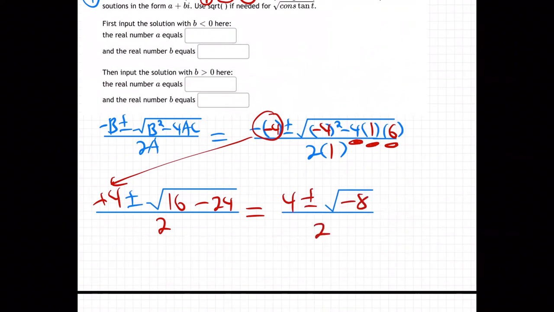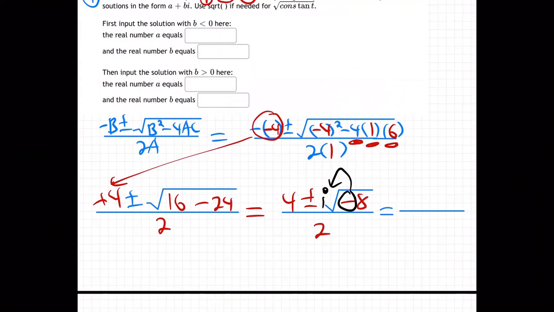Okay, so what do we do with that? Well, you remember from previous material that a negative inside of a square root comes out as an i, doesn't it? Whenever we have a negative in a root, you can't do that. It's imaginary. It's not real.